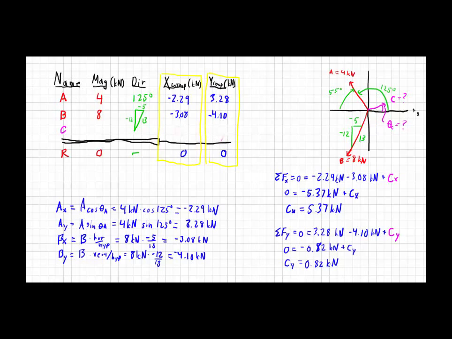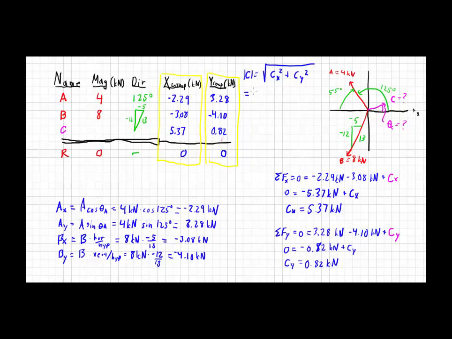So I can take these values and put them into where we had variables before. Cx is 5.37 kilonewtons, Cy is 0.82 kilonewtons, and from there I can go back and use my Pythagorean theorem. So C is the square root of Cx squared plus Cy squared.